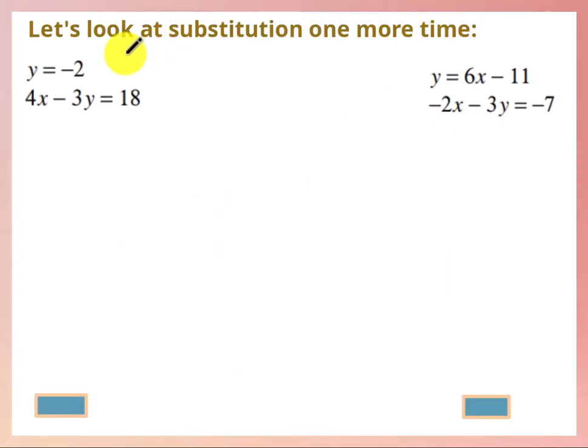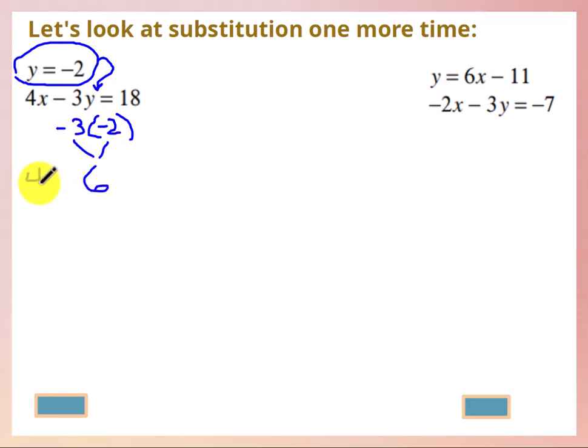All right, just quickly, we're going to look at substitution one more time. If you have a variable isolated, I have y equals negative 2. I can replace the y in that second equation with negative 2. So negative 3 times negative 2 is going to give me a positive 6. So 4x plus 6 is equal to 18. Subtract 6 from both sides.